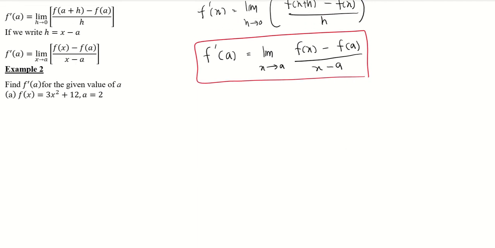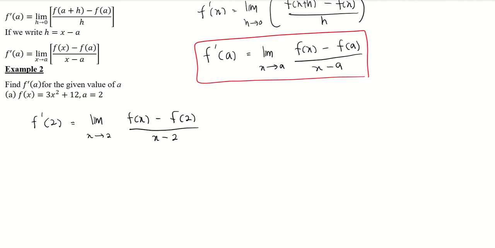To find this, we're going to use this formula, f prime 2 equals the limit of x approaches 2 of f(x) minus f(a) over x minus a, and a is 2.